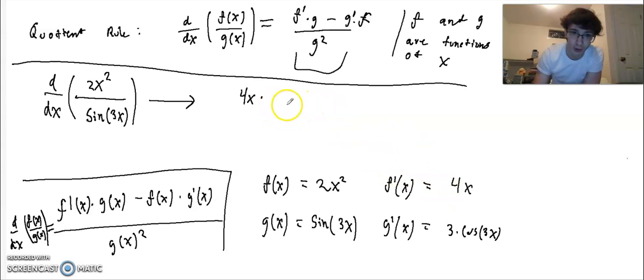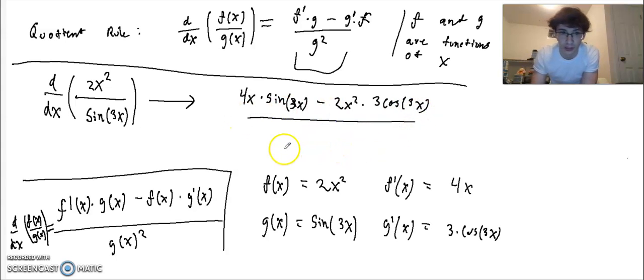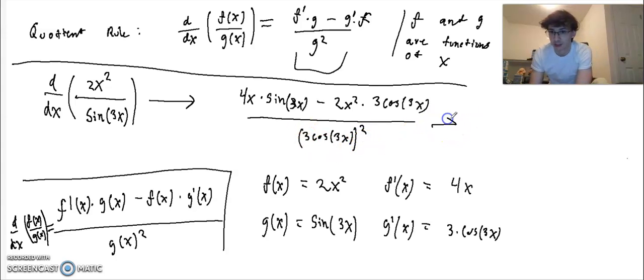So f prime of x, 4x, times g of x, which is just sine of 3x, minus f of x, which is 2x squared, times g prime of x, which is 3 cosine of 3x, all over g of x squared, so 3 cosine of 3x squared. So let's simplify this.